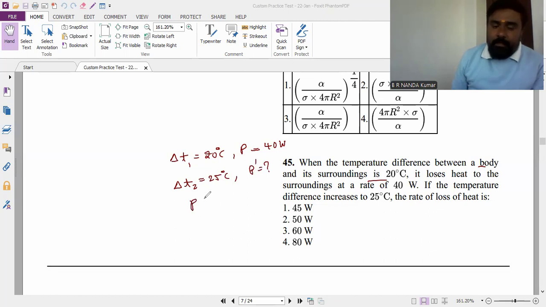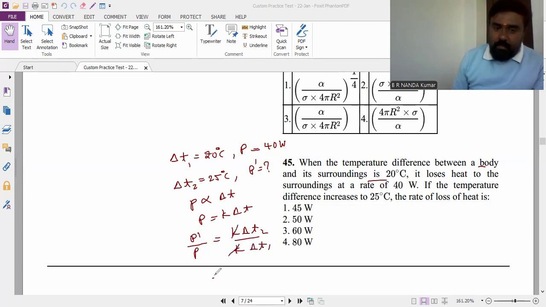P is directly proportional to delta T, by Newton's law of cooling. So P is equal to K into delta T. So P dash by P is equal to K delta T2 divided by K delta T1. K cancels. Delta T2 is 25, delta T1 is 20, into P which is 40. So P dash is 50 watt. The right answer is the second option.